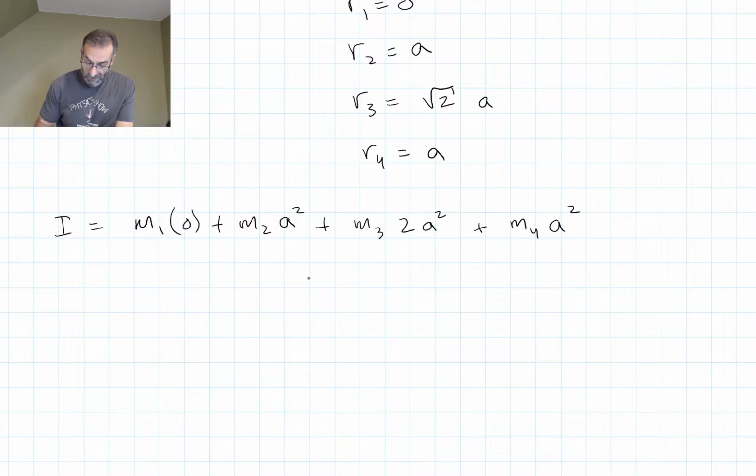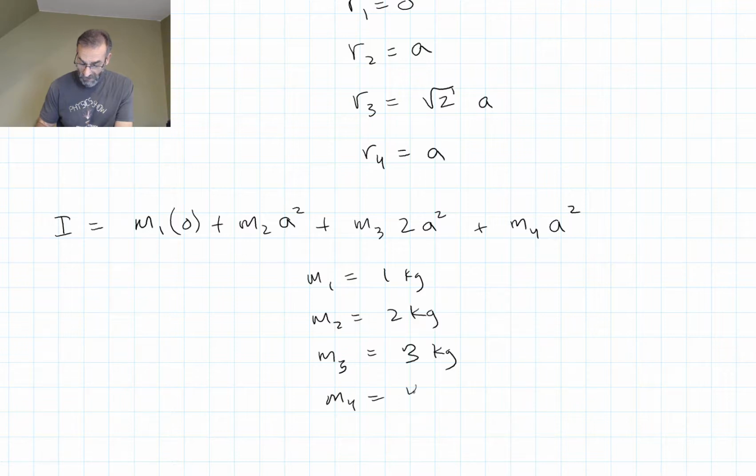And let's let the masses just be whatever we numbered them. M2, 2 kilograms, M3, 3 kilograms, and M4, 4 kilograms. And let's let A be half a meter.